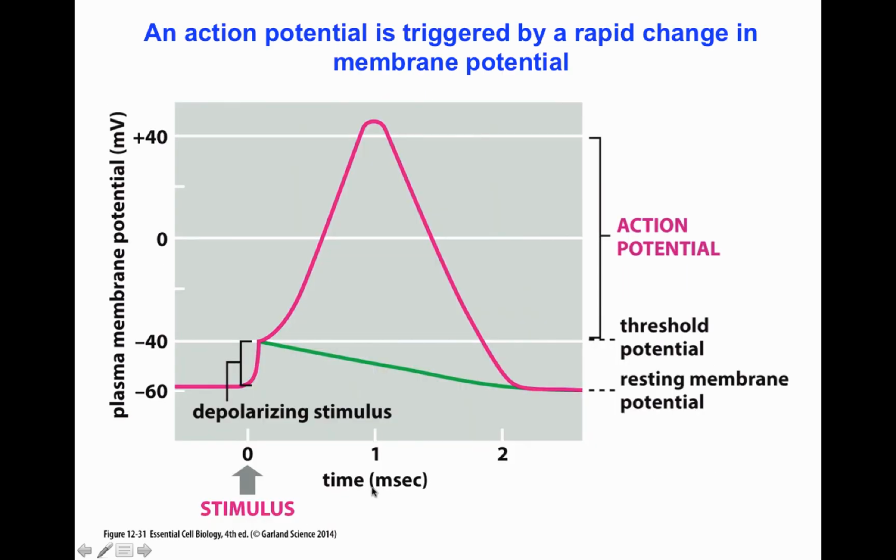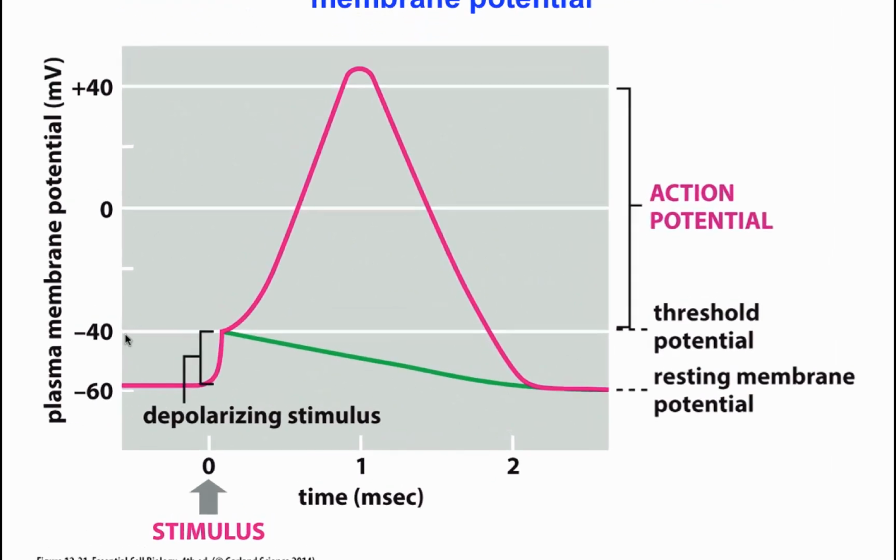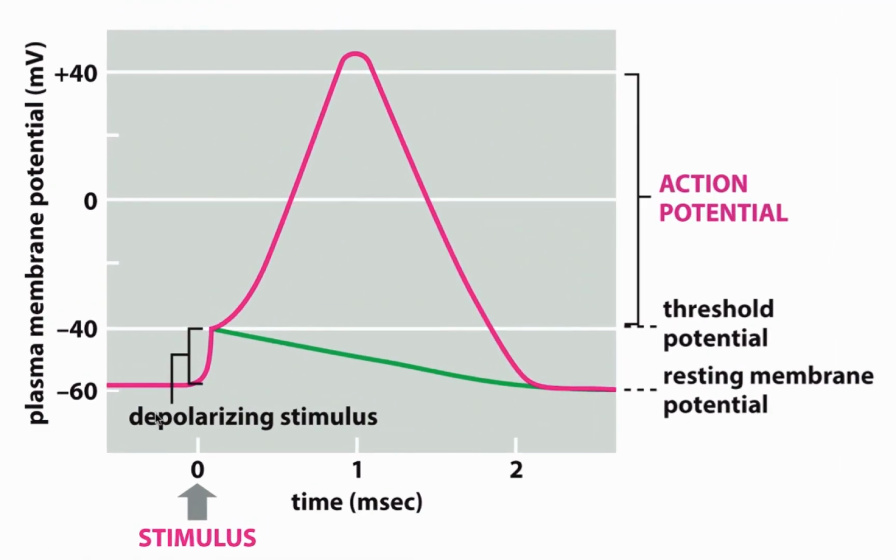So let's look at the action potential that we can measure with a giant squid axon in the lab by using a potentiometer. As I mentioned earlier, if you have the connection inside the cytoplasm of the axon and another electrode outside, you can measure the membrane potential at resting points.